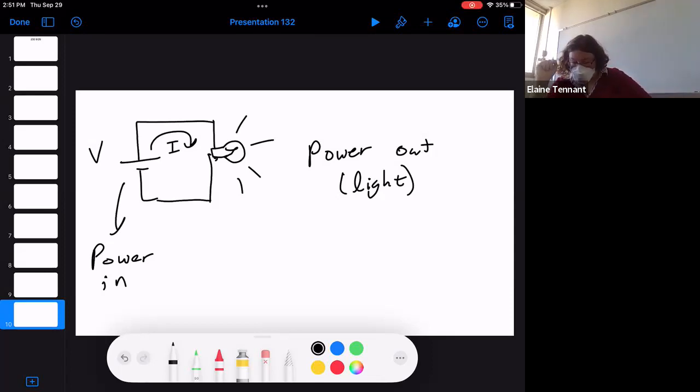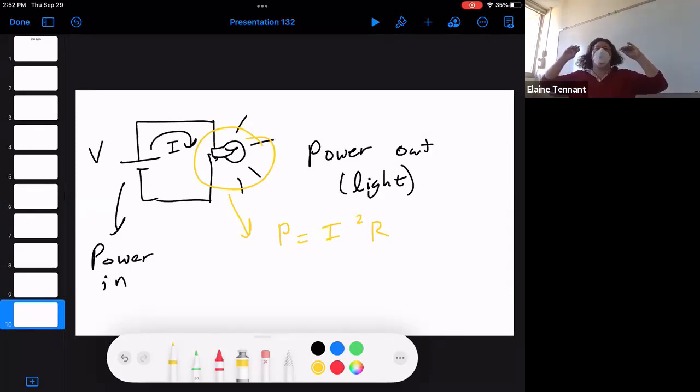Now, things to think about. For this light bulb, generally when you think about the power coming out of that light bulb, you think about an I squared R. Not that you can't do a V squared over R or anything like that, but an I squared R. What that resistor is doing is literally, when electrons move through it in a current, it's sucking up some of that kinetic energy and transforming it into light.